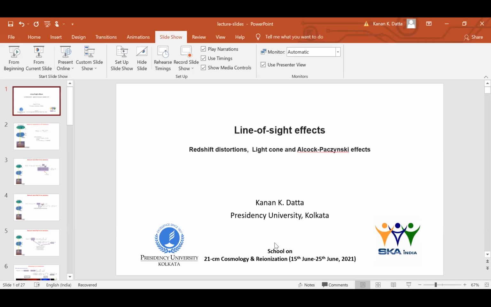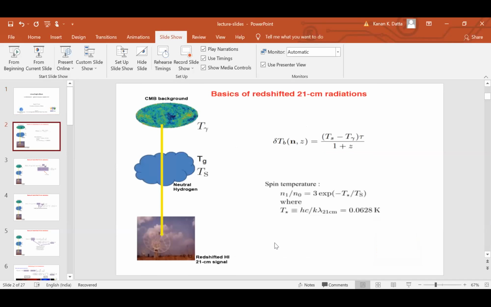Before I go into the details about what line of sight effects are, such as redshift space distortion, light cone, and Alcock-Paczynski, let me briefly tell you what signal we are considering and how those line of sight effects affect this signal.